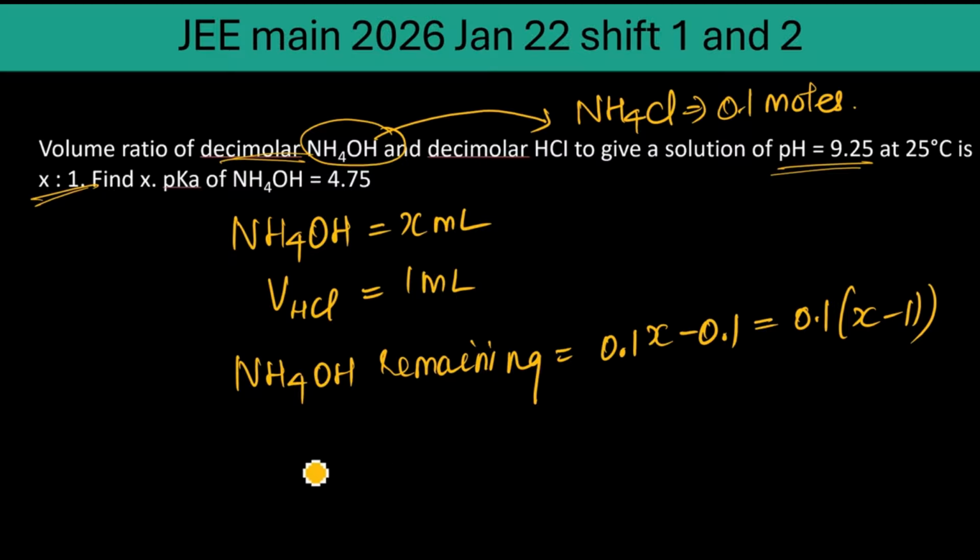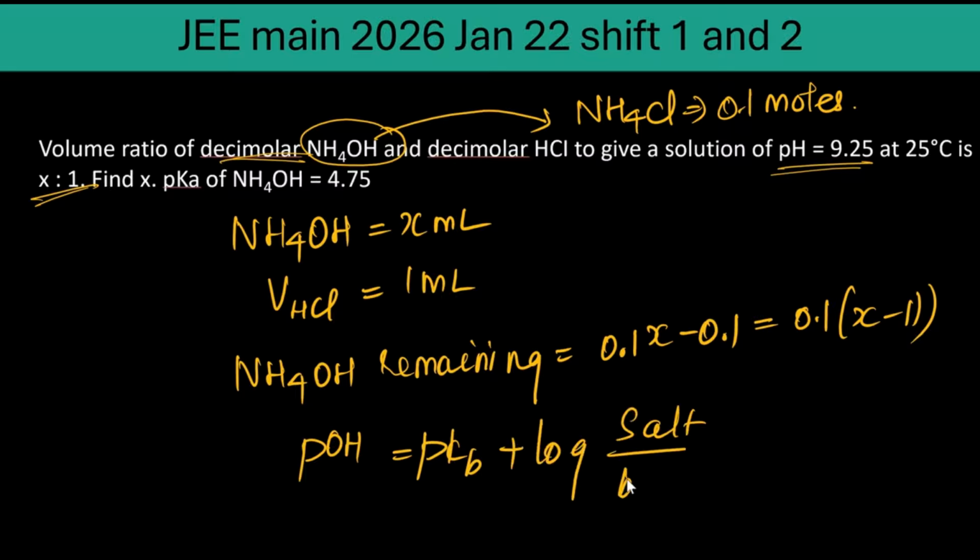Let's use the formula. pOH is equal to pKb plus log of salt by base. So pH is given as 9.25 and pOH, that would be 4.75, correct?